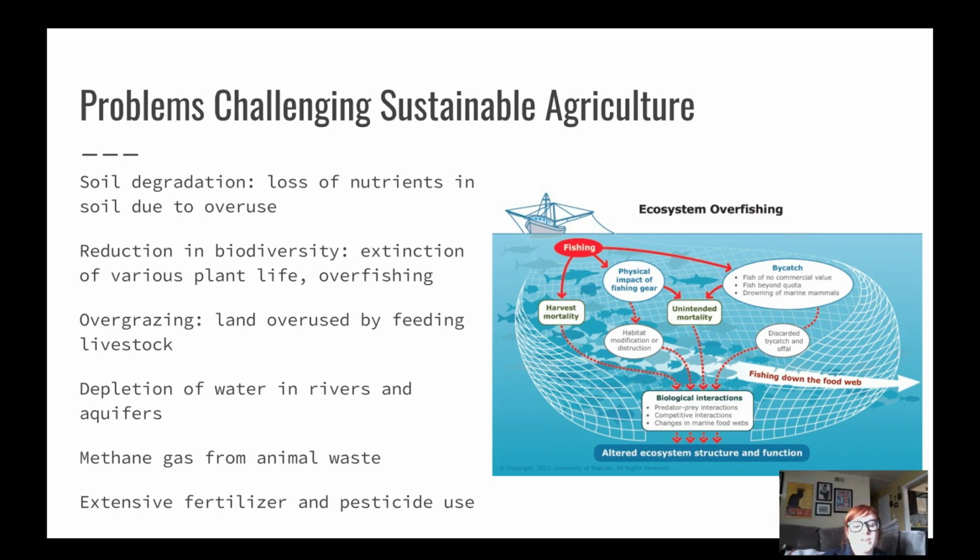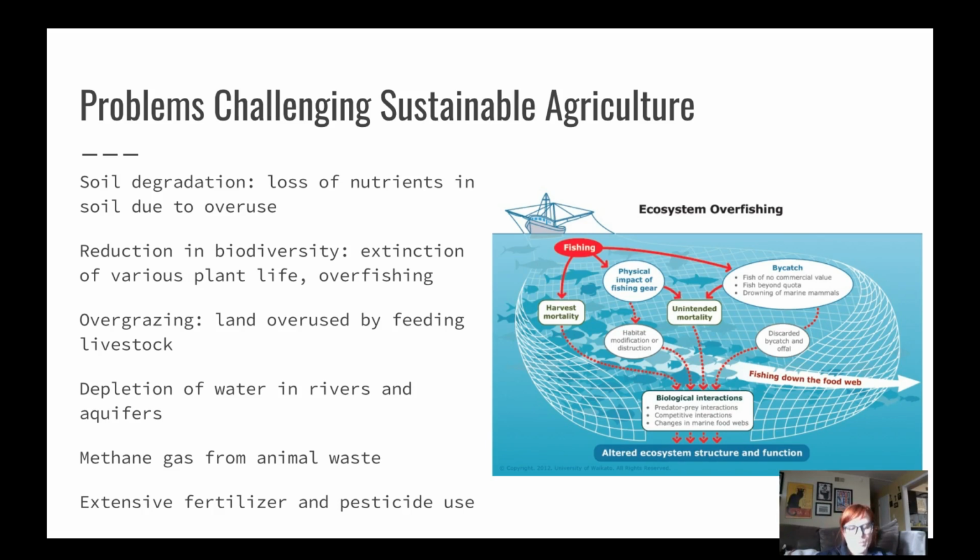Depletion of water in rivers and aquifers. We're using so much water to water all of these surplus crops that we have, but we're running out of water resources. Methane gas from animal waste. This is something people don't think about very often, but just like human beings, cows produce gas, right? And that gas is especially bad for the environment. It's methane gas. It's not a good thing.